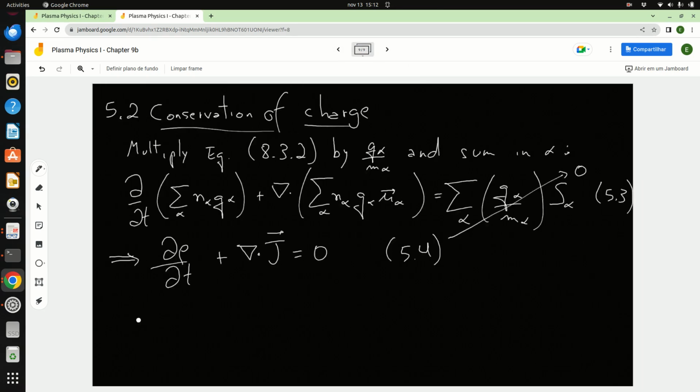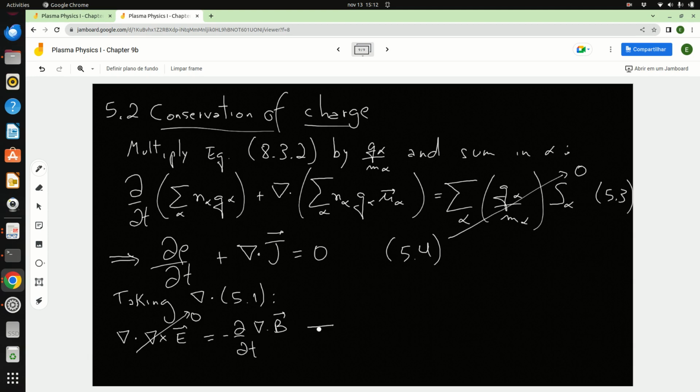So taking the divergence of 5.1, you get divergence of curl of E. Divergence of a curl is always 0, right? So we get rid of this term, minus del T of the curl of B.